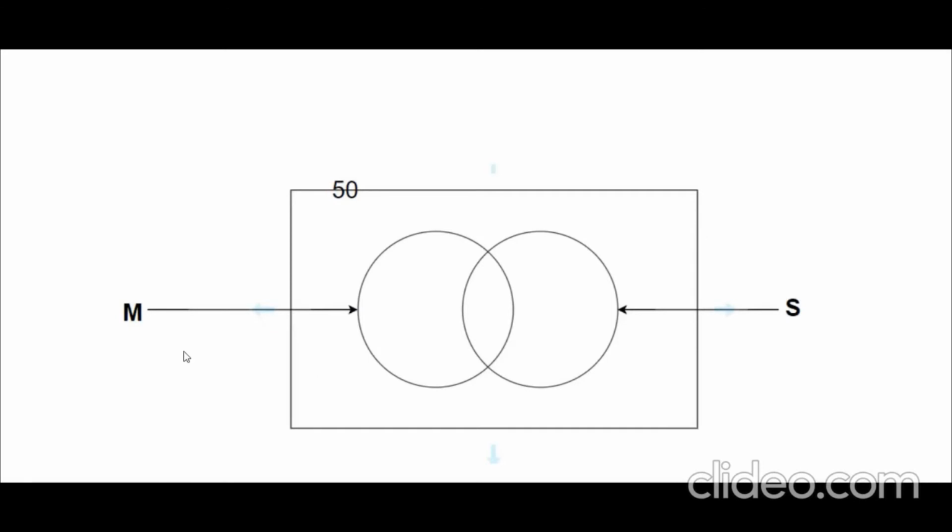So M represents mathematics tuition, S represents the set of people who are participating only in science tuition, and the middle represents both. So what's the next information?